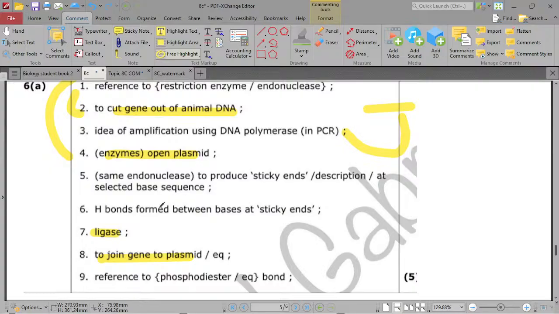And when we use the ligase to join the desired gene to the plasmid, we form phosphodiester bonds, because remember, these are all bases at the end of the day, right? So phosphodiester bonds are going to be the thing. Yeah, not peptide bonds, phosphodiester bonds, right?